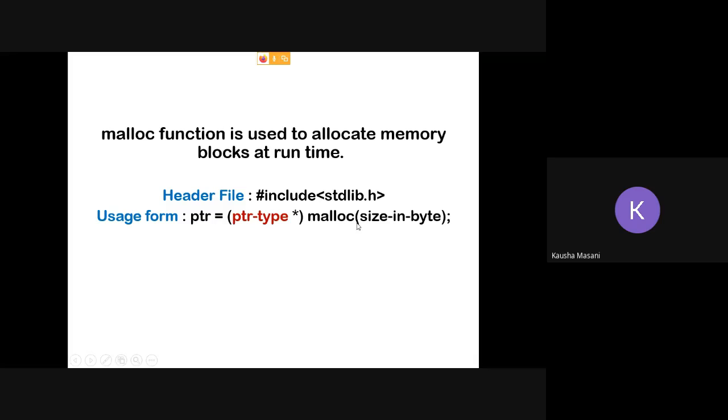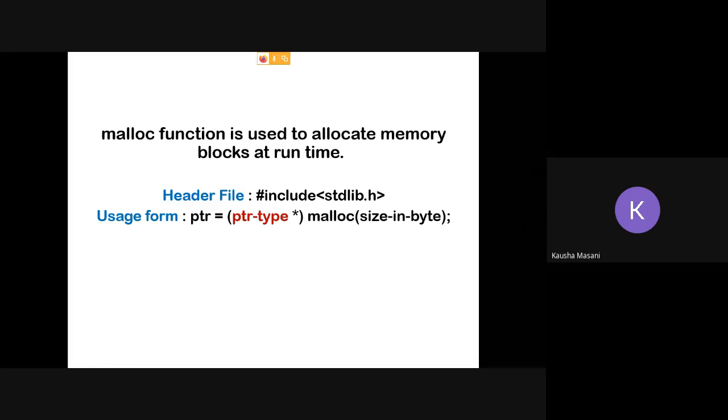Let's say the size you have given is 3. So 3 bytes of memory block are allocated, but now you have to access this memory block, so there will be one pointer which is going to be pointing at the memory allocated by this malloc, but the type of that pointer is void.